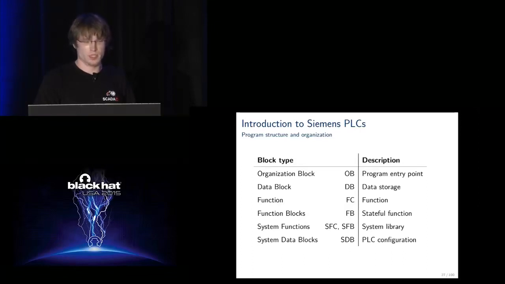And there are also special functions which can keep a state in an associated data block. To perform special tasks, PLCs have a system library where we can do, for example, network communication. And last, there are some special data blocks called system data blocks, and they are simply used for the PLC's configuration and are not used in the program itself.